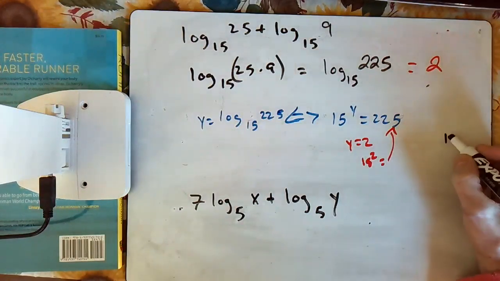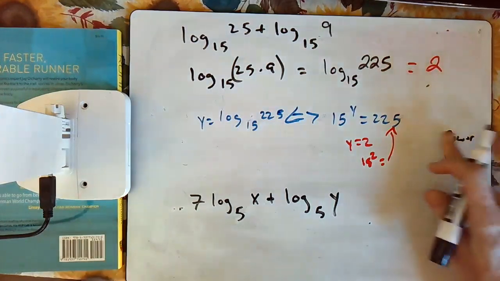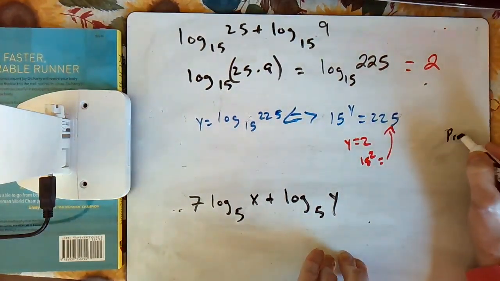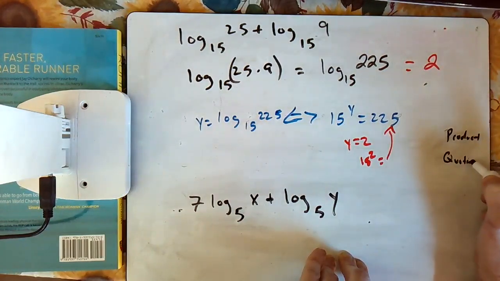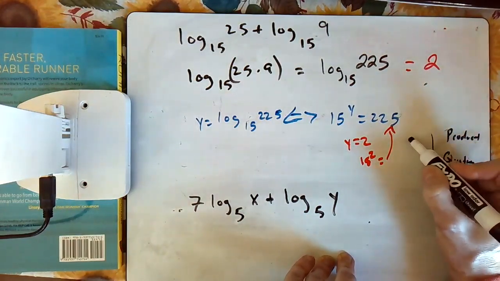Remember how I mentioned we had the product, quotient, and power rule, right? When we were expanding, we went this way.